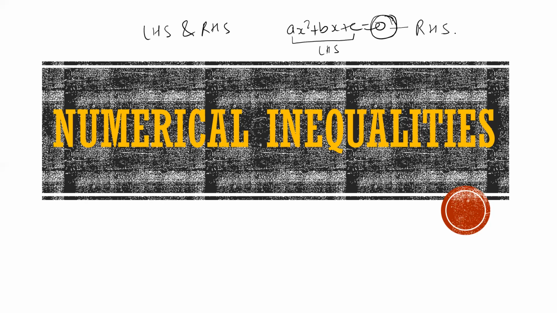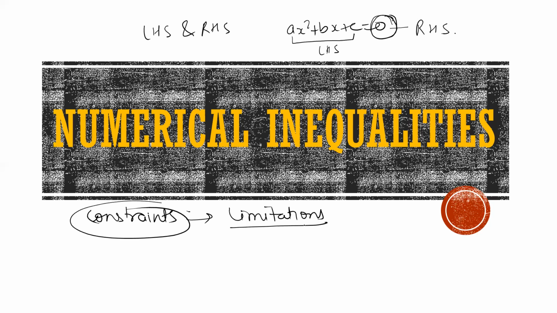Inequality means when we are provided with some constraints, I would say limitations, right? So what do you mean by that? I mean strictly less than or strictly greater than, or less than equal to or greater than equal to sign, which I'm talking about.